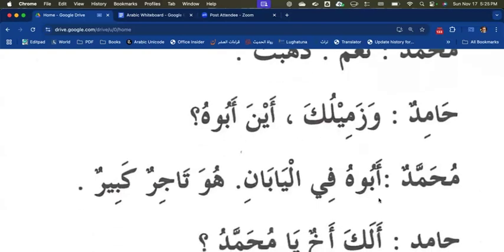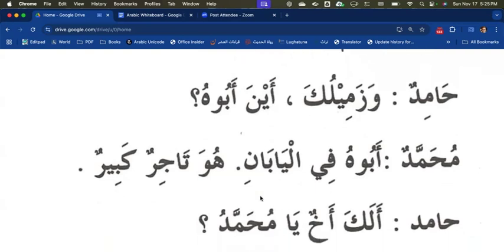And then Rahat. No, not Rahat. Arshifa. Yes. His father is in Japan. Abuhu fil Yaban. His father is in Japan.